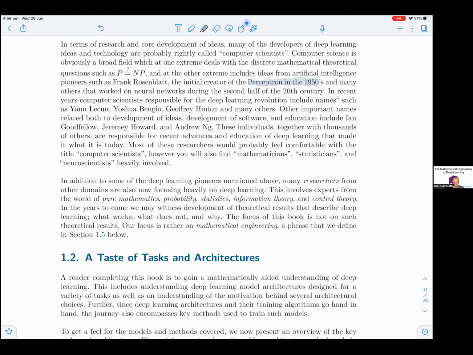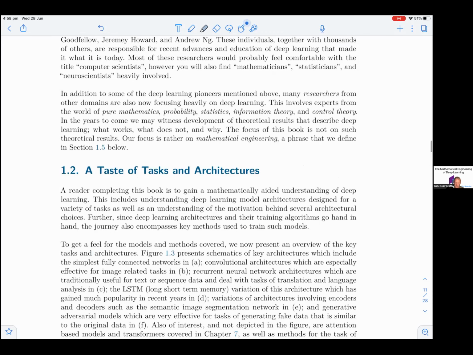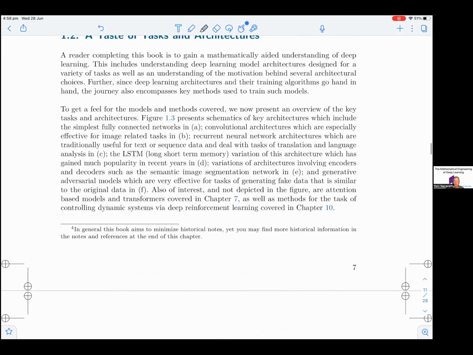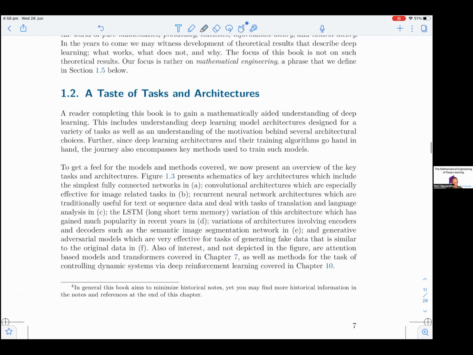These individuals, together with thousands of others, are responsible for recent advances in education of deep learning that made it what it is today. Most of these researchers would probably feel comfortable with the title computer scientists. However, you would also find mathematicians, statisticians, and neuroscientists heavily involved. Just a footnote. In general, this book aims to minimize historical notes, yet you may find more historical information in the notes and references at the end of this chapter and every chapter.